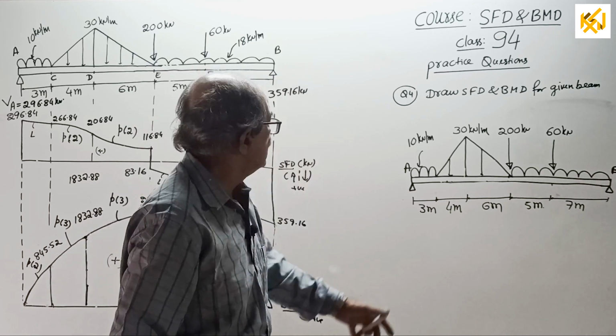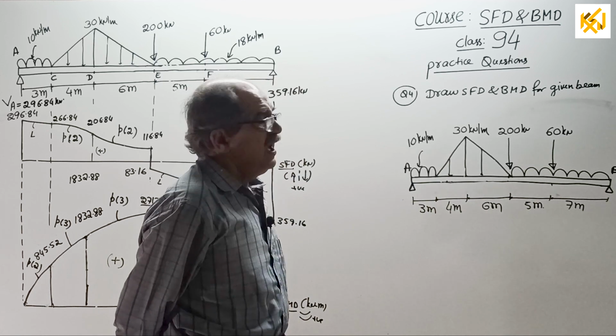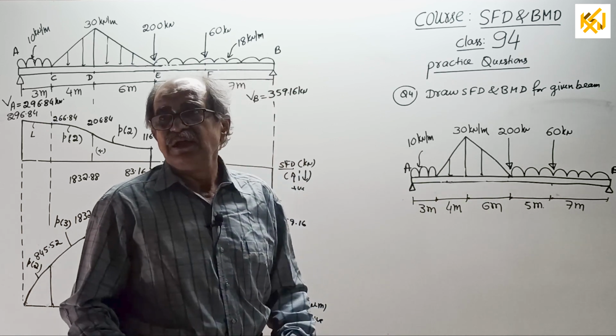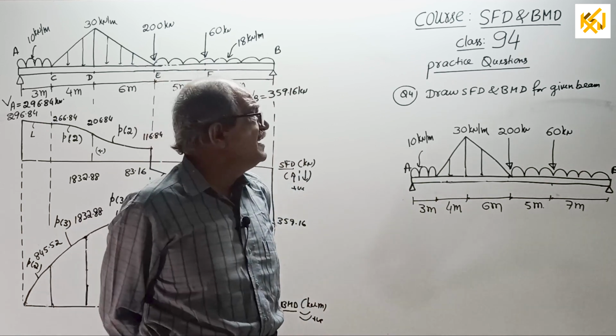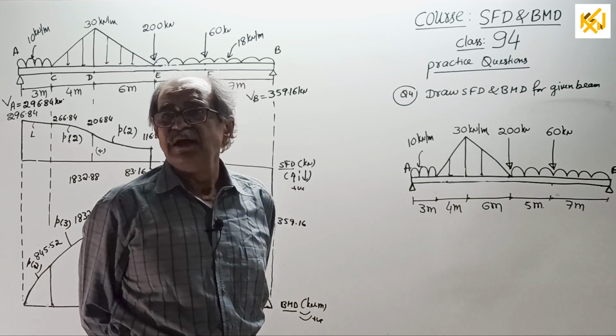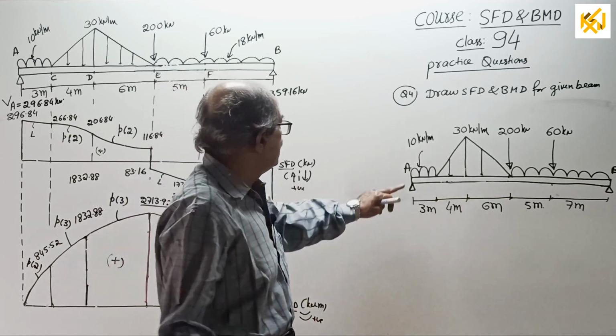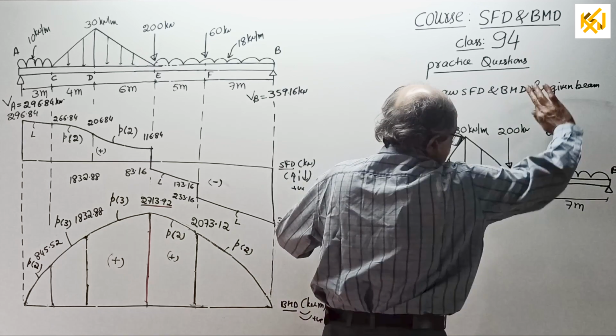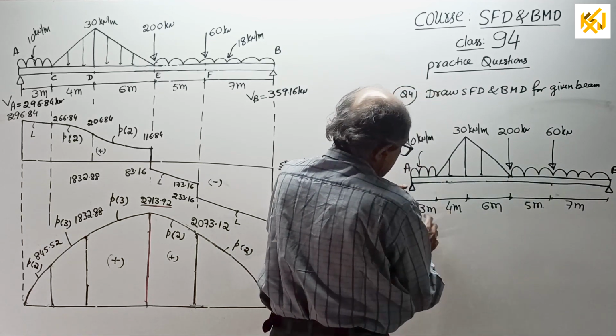Okay, now start this question. As usual, I will dictate everything. You solve independently. In case the answer is not coming, listen to the explanation and then write. Take moment about A. Minus VB into 25, correct?